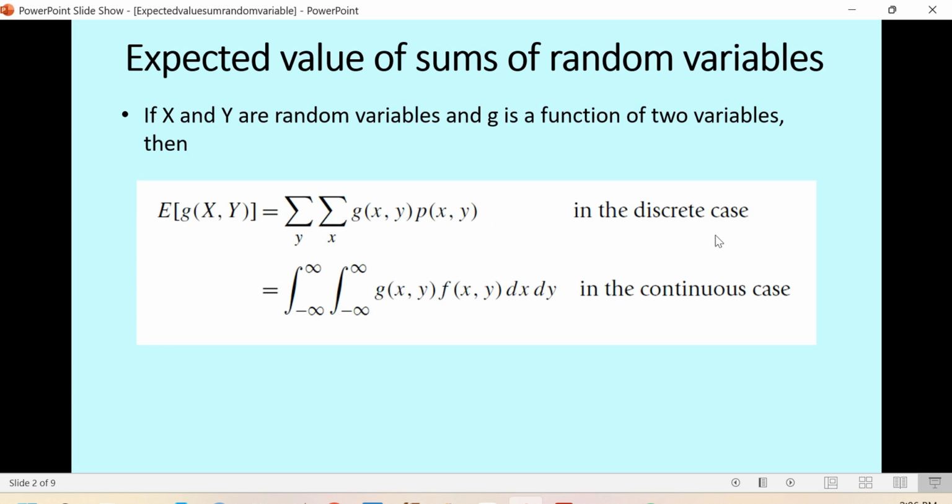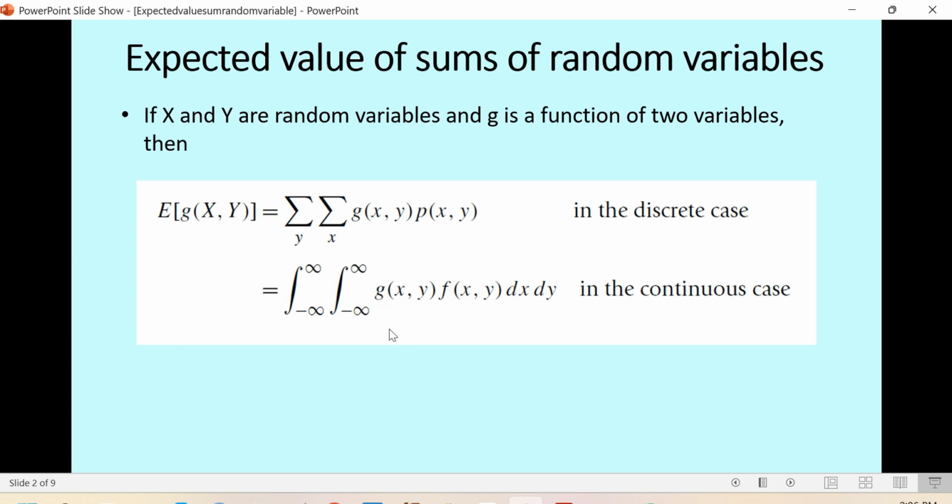But this is the discrete case. For the continuous case, we know the joint probability density function of x and y, and then we take the integrals along x and y sequentially with this expression g(x,y).